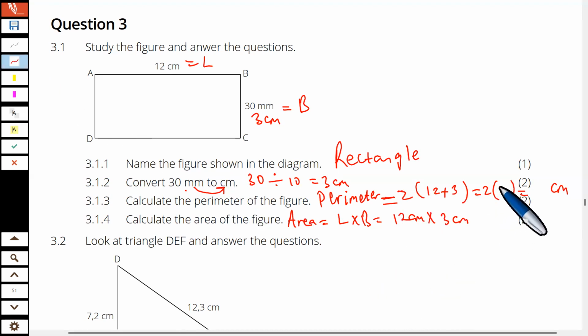So 12 plus 3 is 15. What is 2 times 15? 30. Yeah, so it's going to be 30 because of that. Right, so obviously here the area is 12 by 3. What is 12 by 3? 24. 36. Oh, 36. That's fine. So it's 36 square centimeters.